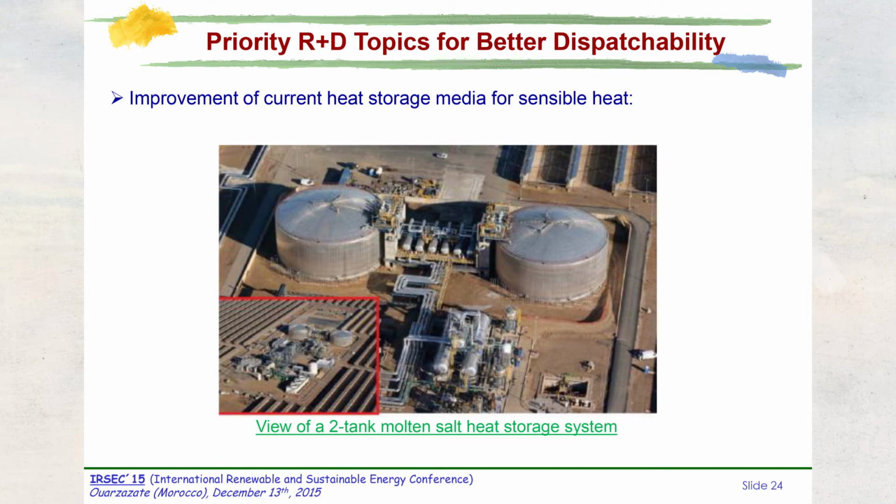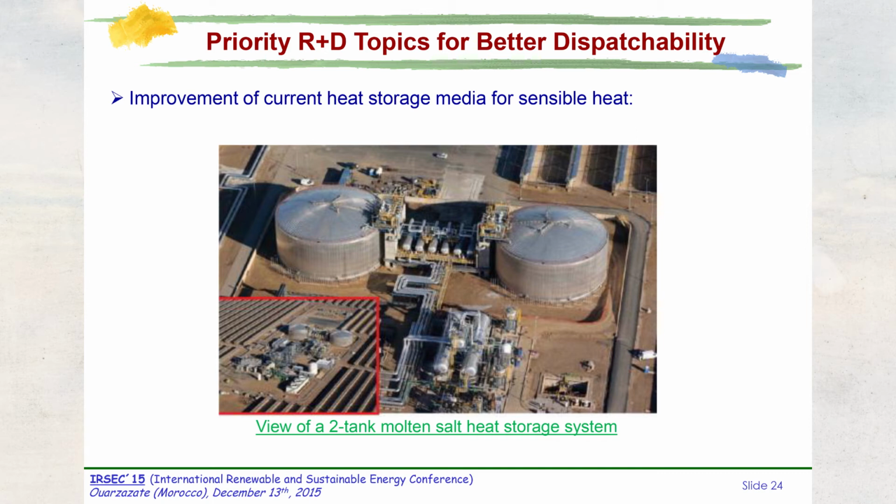So nowadays, this is the system we have available. This system is quite good. The efficiency of the storage is about 93% from charging to discharging, so only thermal losses of about 7%, which is a very small amount.